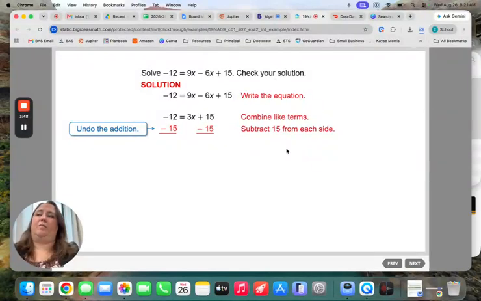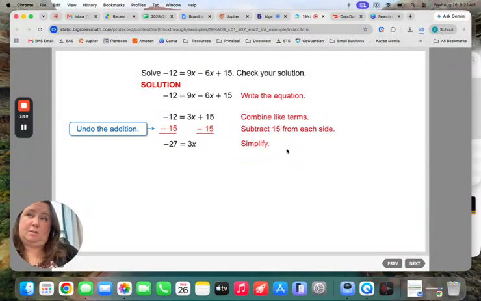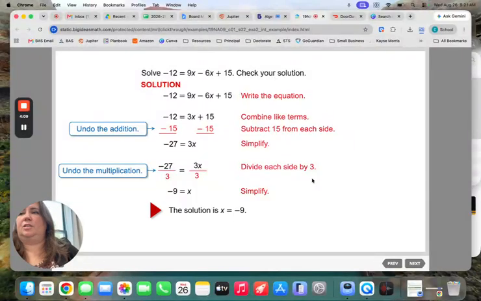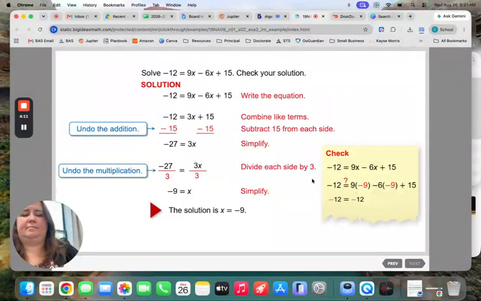So if you have a negative 12 minus 15, that's going to go further negative, correct? Very good, negative 27. Now the math is really nice because the last step is to divide by 3. 27 divided by 3 would be negative 9. Circle it. Any questions on how we did that?